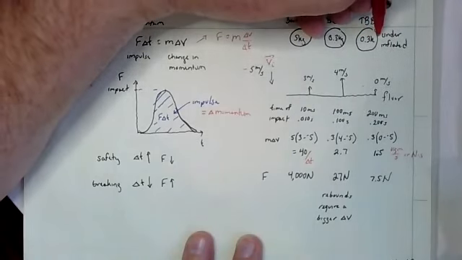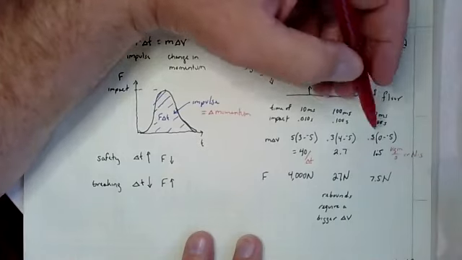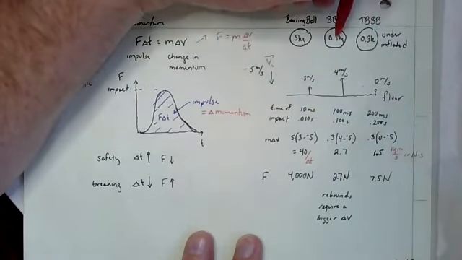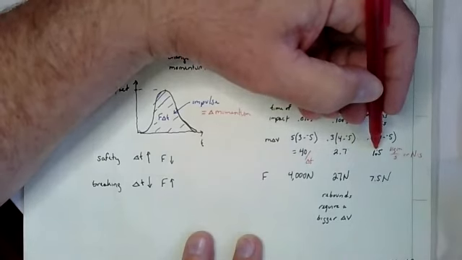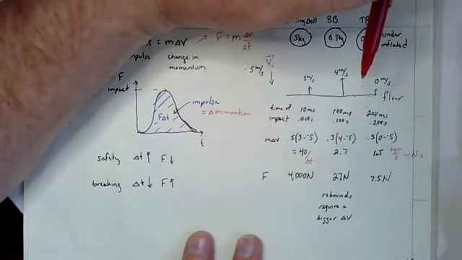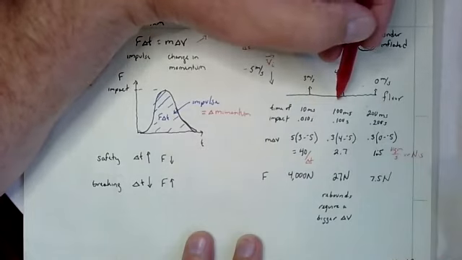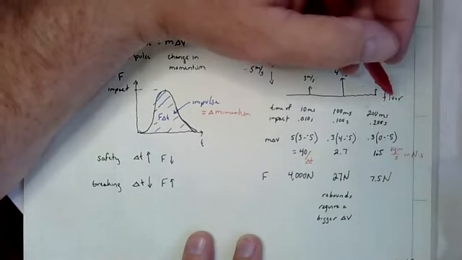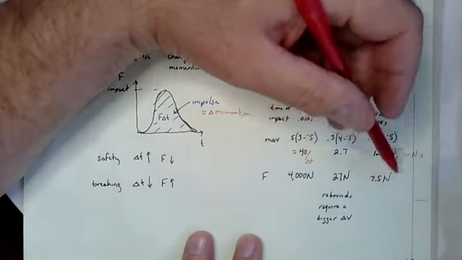The basketball is underinflated, so that means the time of impact is longer, and also it doesn't rebound as much. So even though these two have the same mass, they don't have the same impulse. So the bouncing delivers a bigger impulse and therefore a bigger change of momentum. And therefore that impact force is only 7.5.